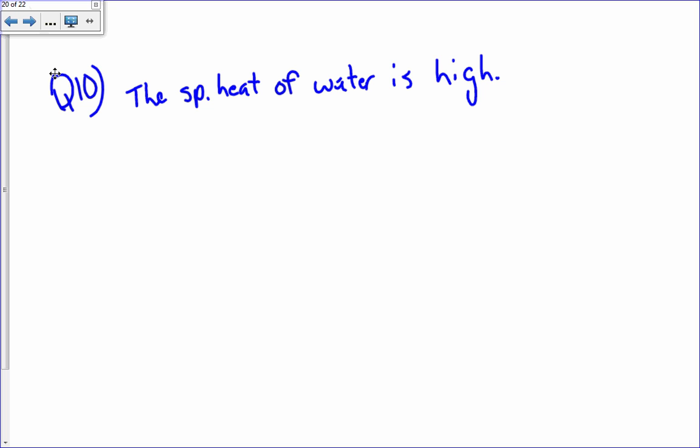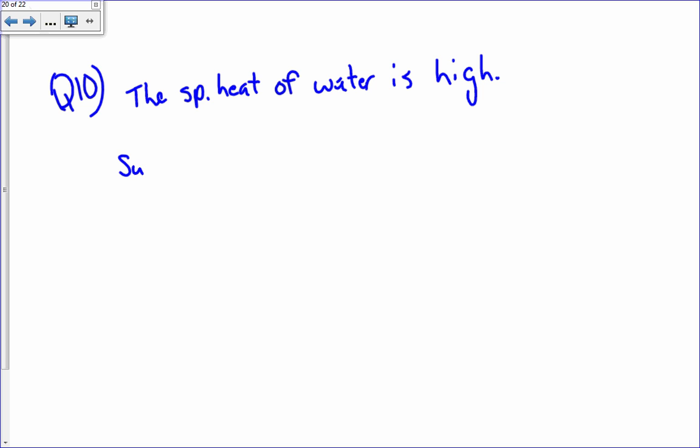And so in the wintertime, that body of water is relatively warm because it's been heating up all summer. Then into the winter, it retains some of that heat, and so it makes for a moderate temperature. And then in the summertime, it's been cooling off all wintertime, so the body of water is cool.